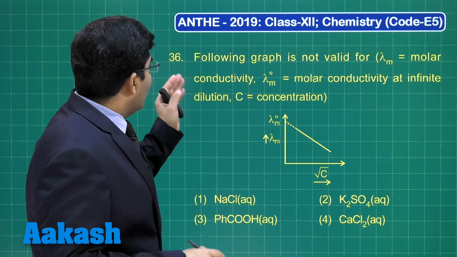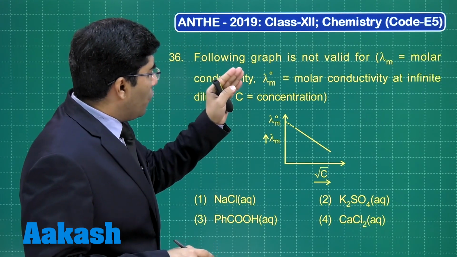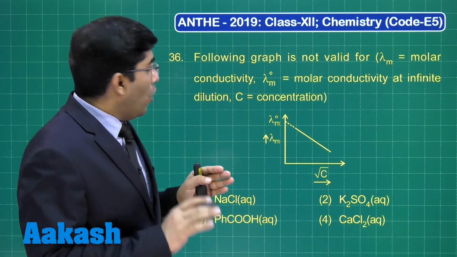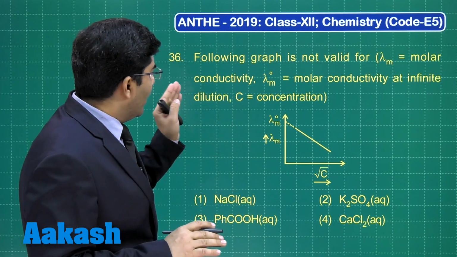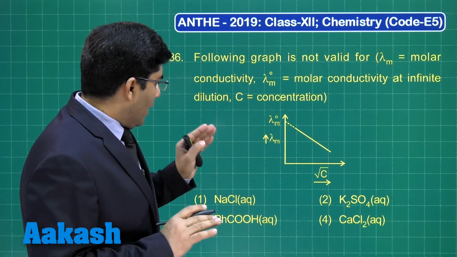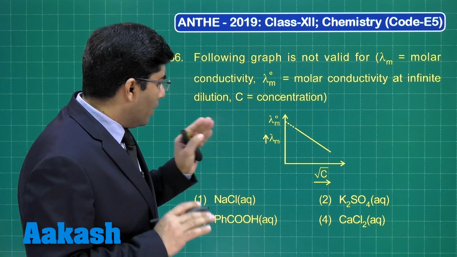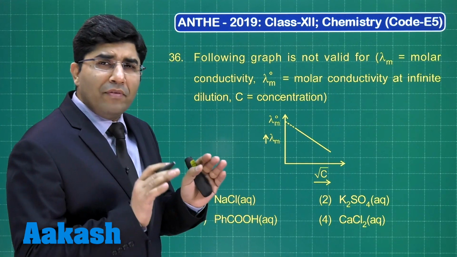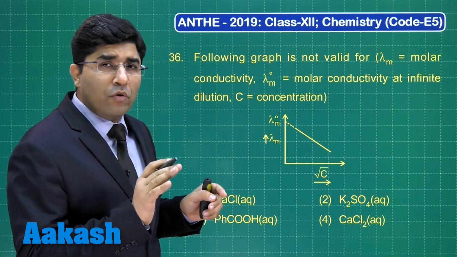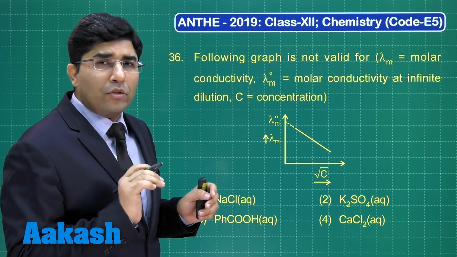So this question is asking, the following graph is not valid for which of these, where lambda m is molar conductivity, lambda naught m is the molar conductivity at infinite dilution, and C is the concentration. A graph is given to us between lambda m and root C. Same type of graph is given in NCERT, and this line comes from the Debye-Huckel-Onsager equation, which is for strong electrolytes only.